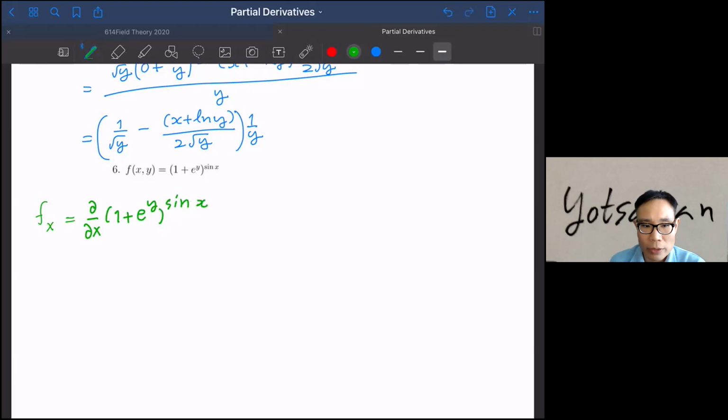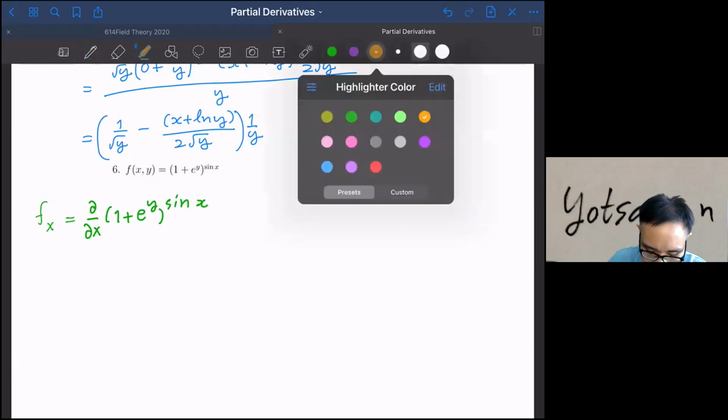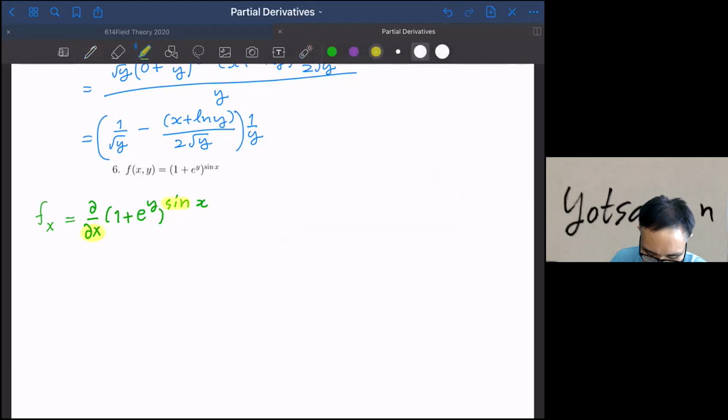If you look at the structure of this function, the function of x that you are differentiating is in the exponent, and on the bottom, the base is 1 plus e to the y, and this turns out to be a constant.